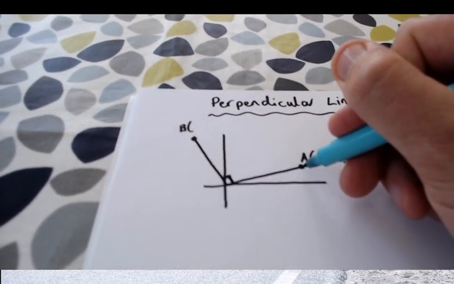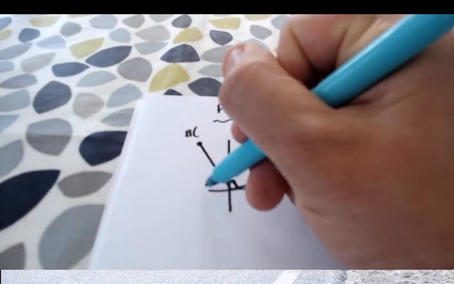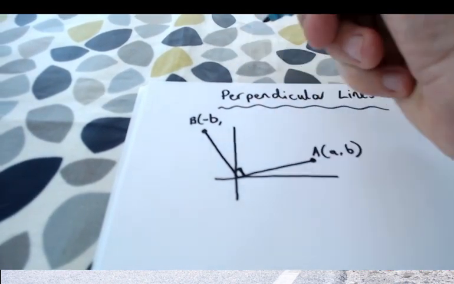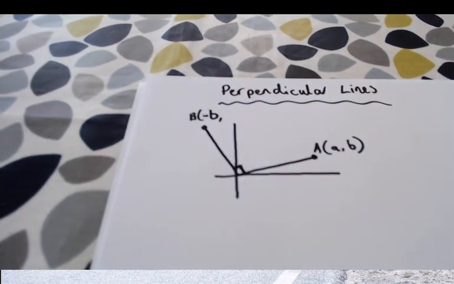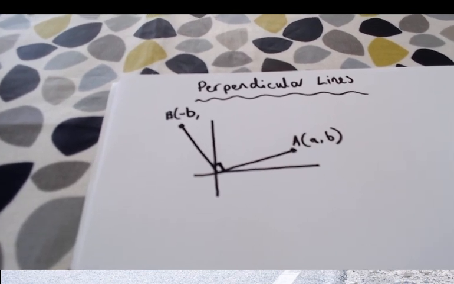A along, B up. That section there is B up. So this section from here to here is actually going to be minus b. The height of this point is how far along that point goes because of the symmetry, because we've switched it around 90 degrees.